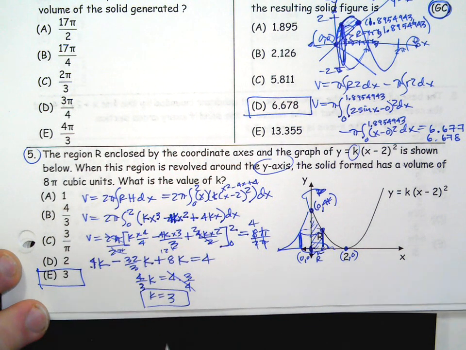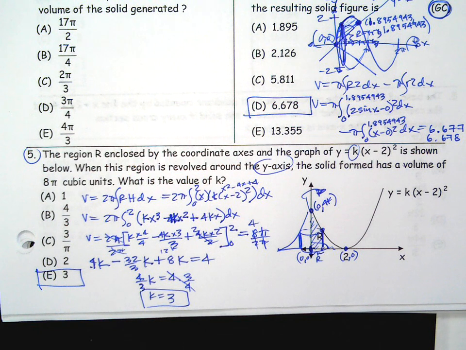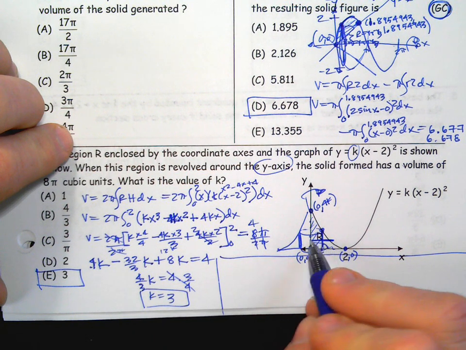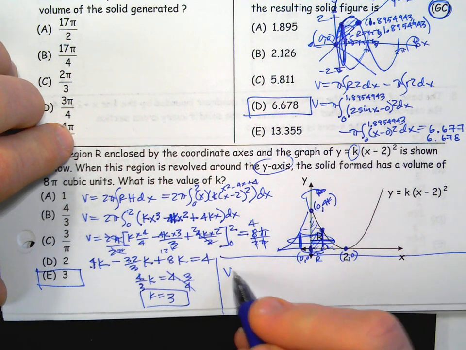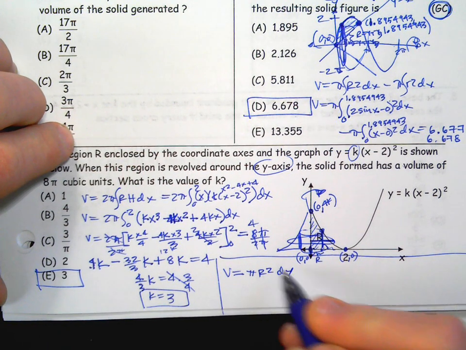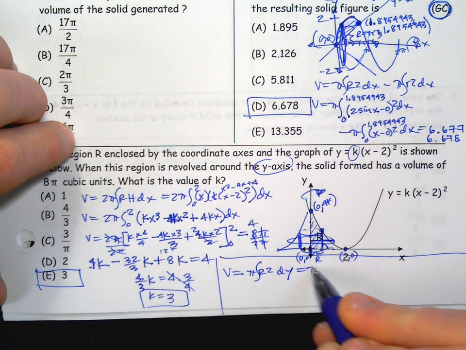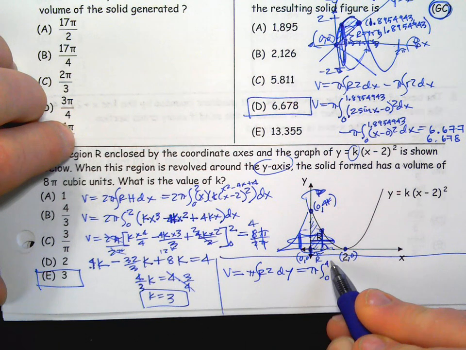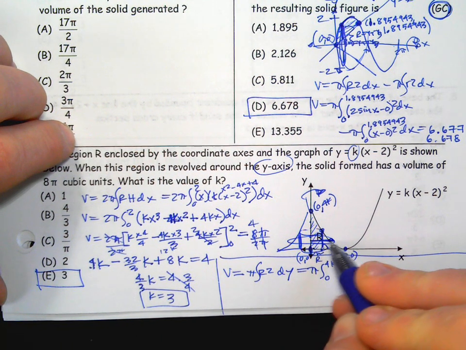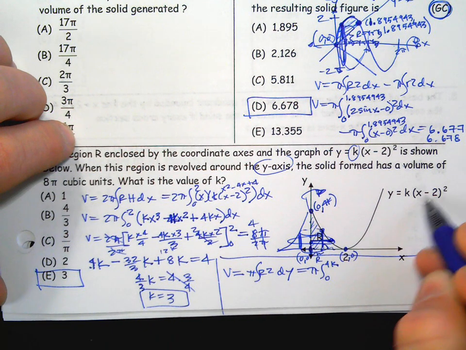That worked out pretty nice. Didn't even need a calculator. Alternatively, we could have done disk washers or disks, and that would be pi r squared dy, from 0 to 4k, and the radius would be x right minus x left, so you'd have to solve this for x.